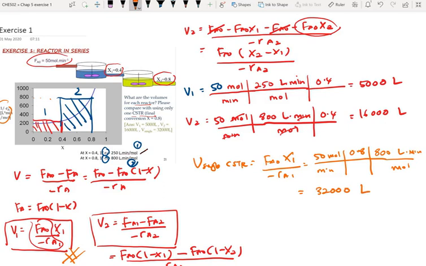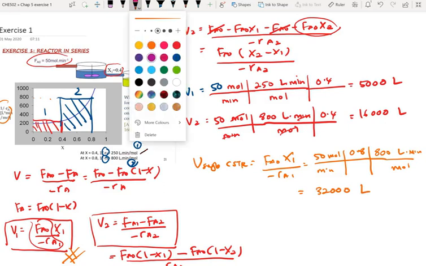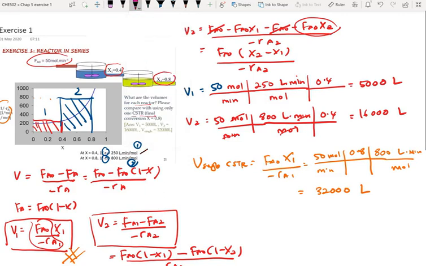If you want to plot it on the graph, it will be a big box.